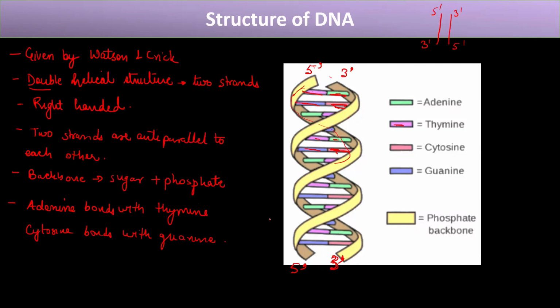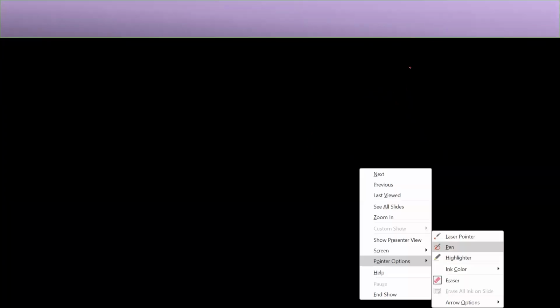Now, in DNA we have certain other things. Let's draw the structure again. So we have one more thing about the structure. If you draw the structure like this, this is the DNA structure.